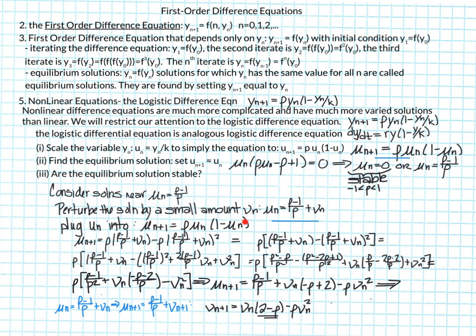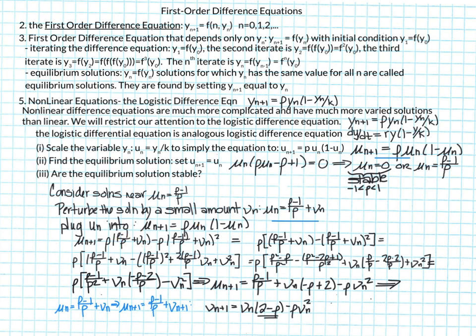We're going to plug it into our equation, mu n plus 1 is equal to rho mu n times 1 minus mu n, and that will give us mu n plus 1 equals rho times, and now we plug in rho minus 1 over rho plus vn for mu n.